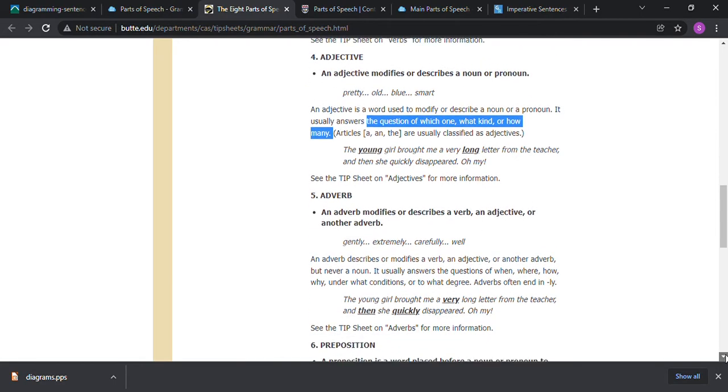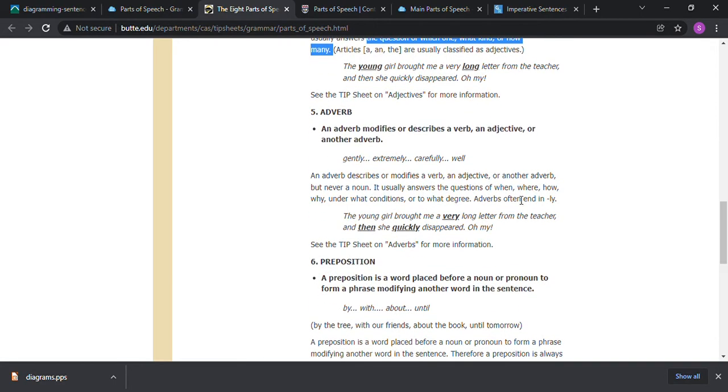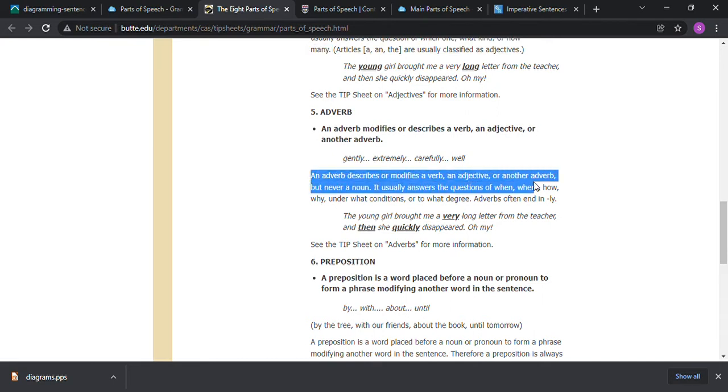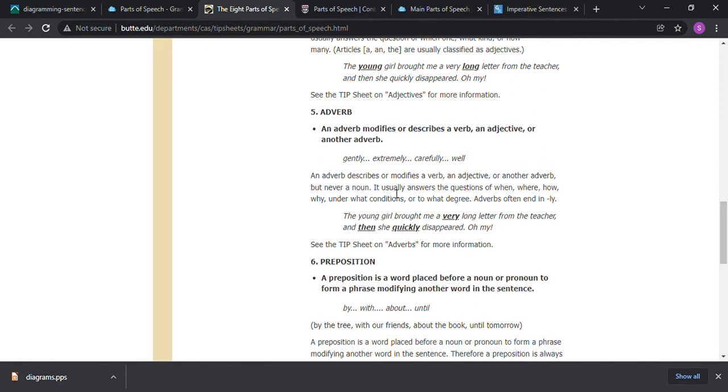And then the adverb. An adverb modifies a verb or an adjective or another adverb, but never a noun. It usually answers the questions when, where, how, why, under what conditions, or to what degrees.